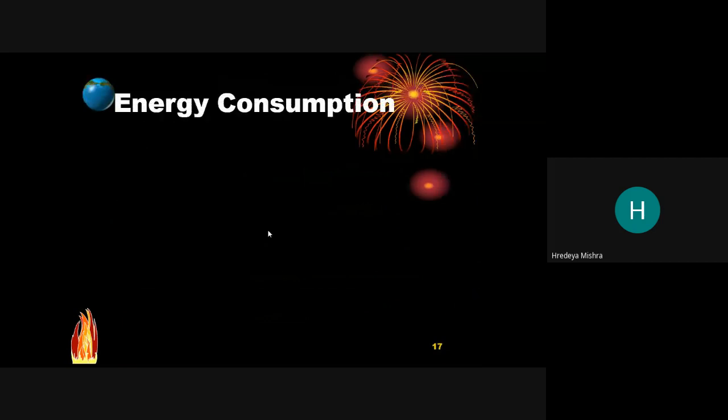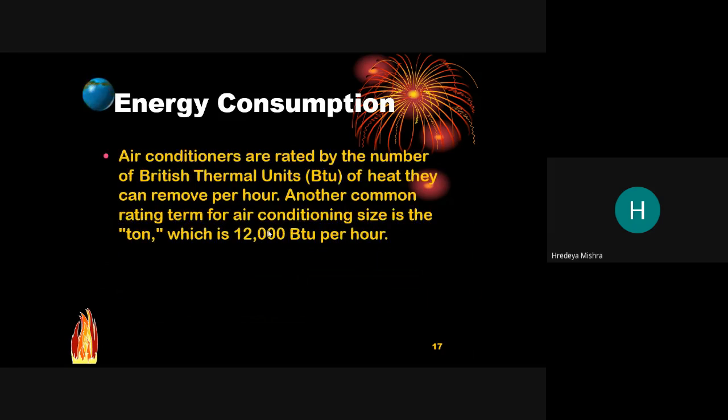Now, energy consumption. See, air conditioners are rated by the number of British thermal units, BTU, of heat they can remove per hour. Another common rating term for the air conditioning size is the ton.